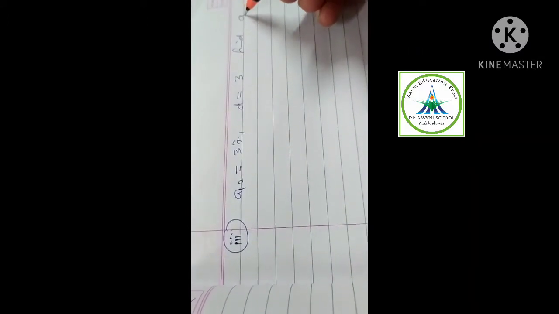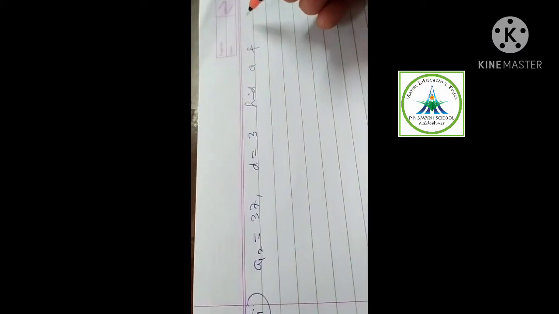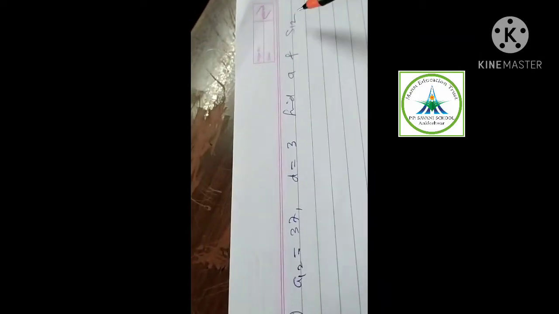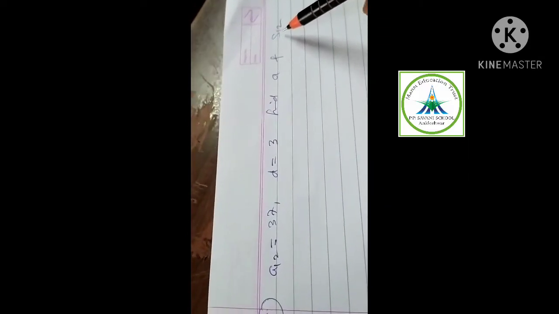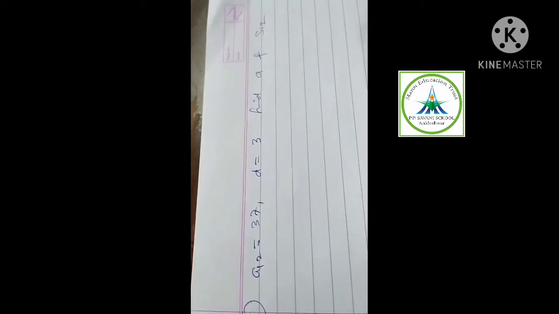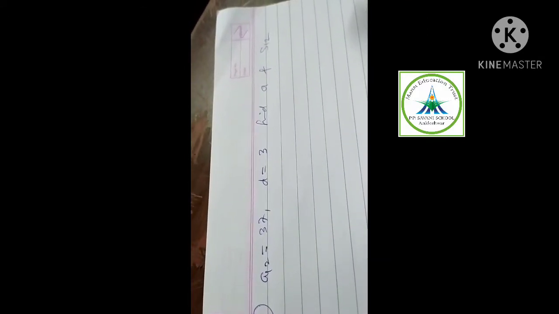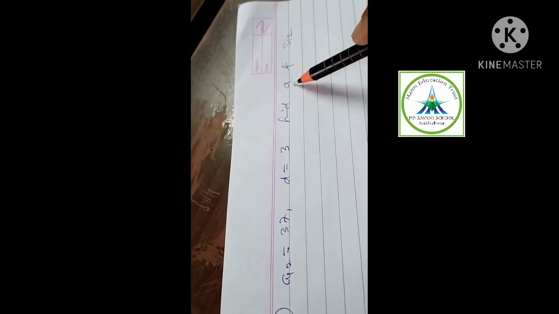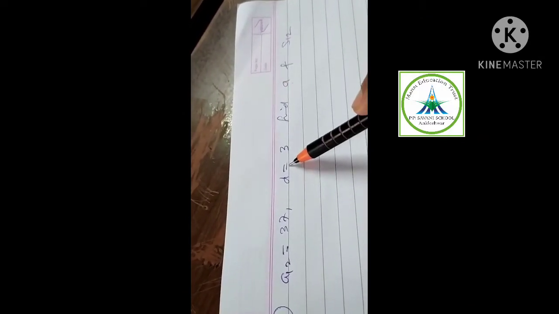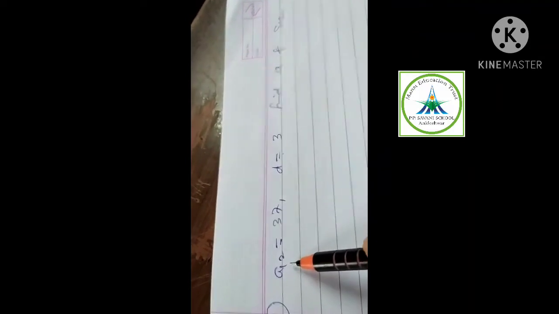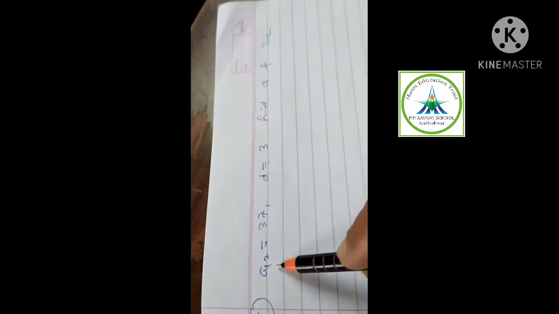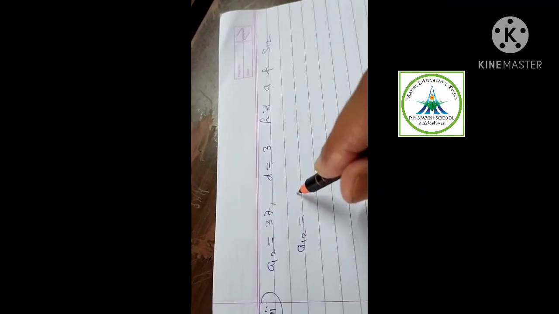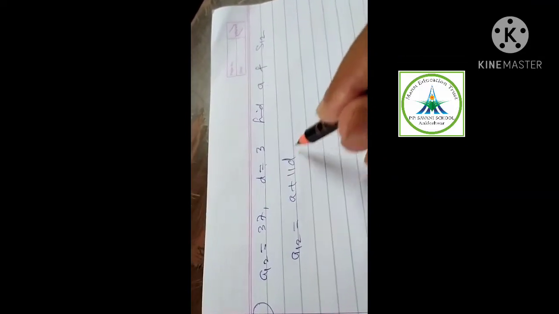Find a and S12. See now. For finding the sum of any terms, we need n, a and d. Yes or no? So n is known, a is required, d is known. Got it? Now a12 is given. You know the formula of a12. What is that? a12 equal to a plus 11d.